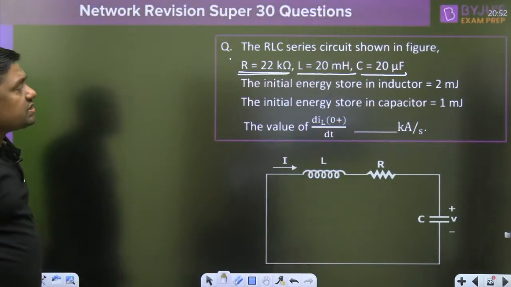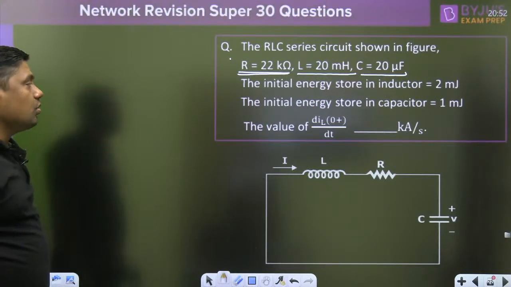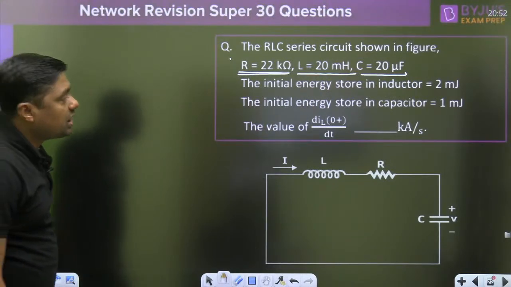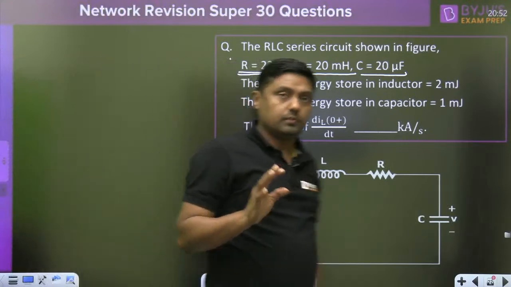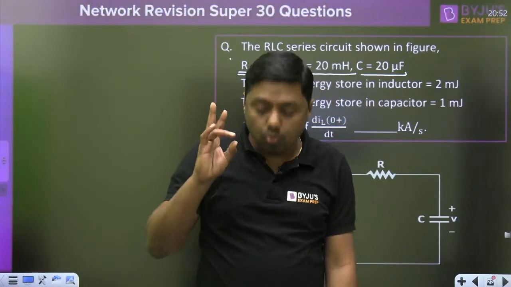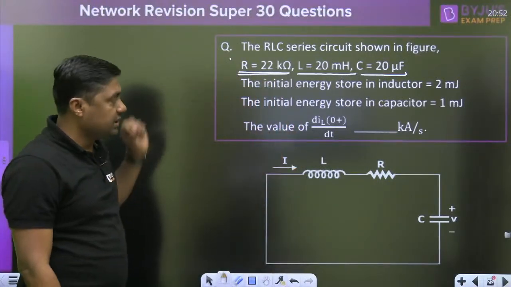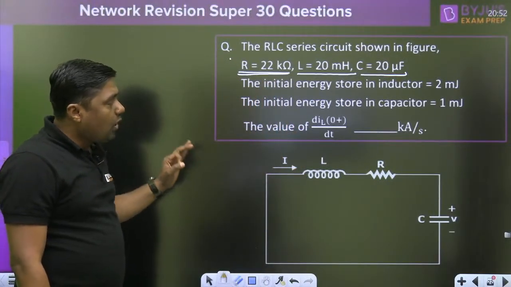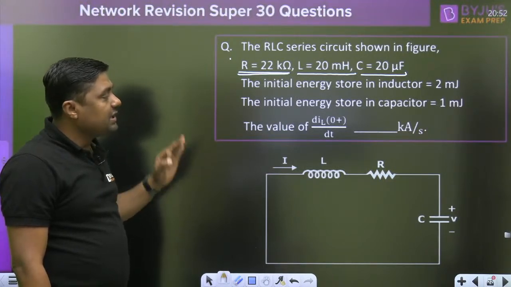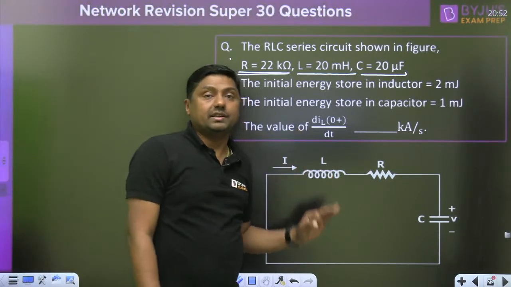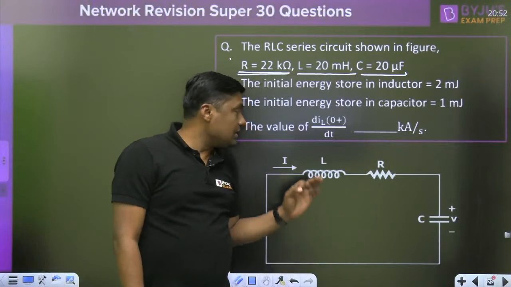The initial energy stored in the inductor is 2 millijoule, and the initial energy stored in the capacitor is 1 millijoule. The value of di by dt, that is the question on initial condition.